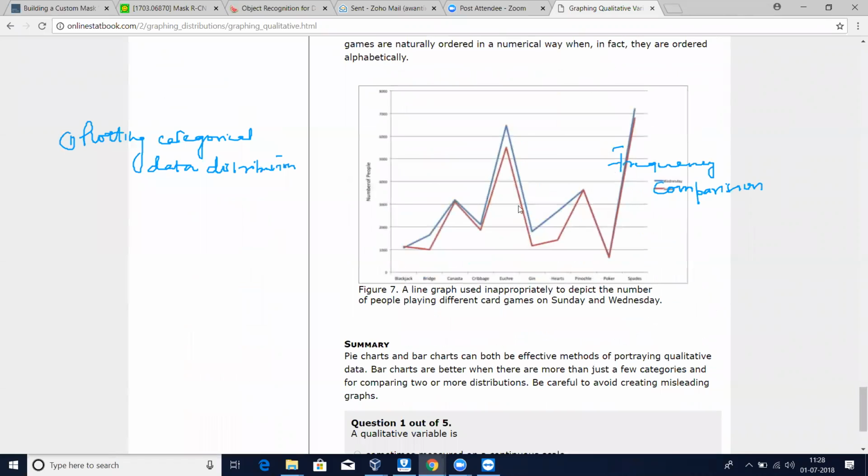Apart from that, the same information that we saw earlier we can use as categorical data. But if it is time-related data, it is for sure a line graph. Of course you can plot a histogram and all that, but you want to give that impression of what is happening with respect to time.